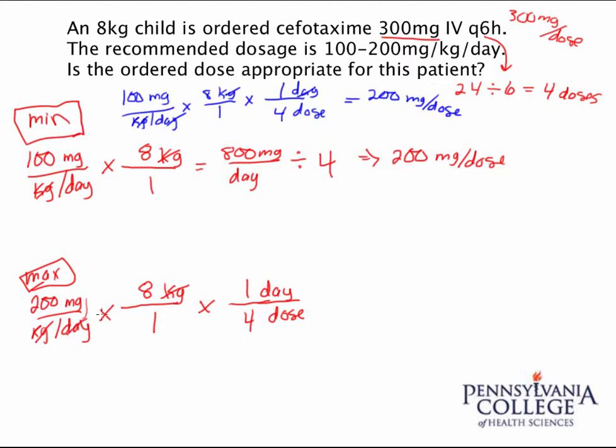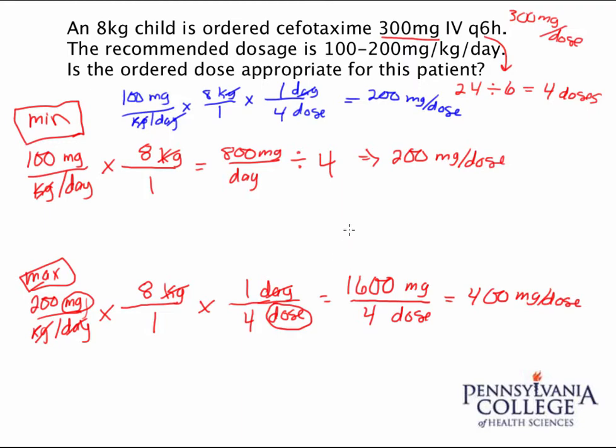Day would cancel. My solution after converting would be milligrams per dose. I would have in the numerator 200 times 8, which is 1,600 milligrams, and that's being split into 4 equal doses. We're going to get 400 milligrams per dose.